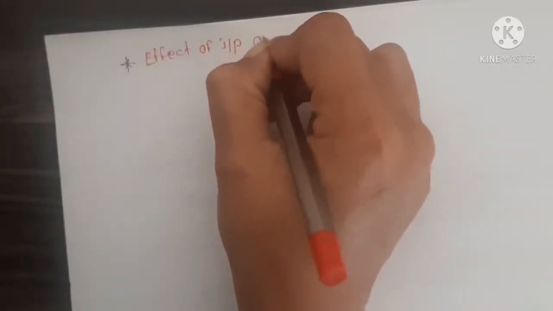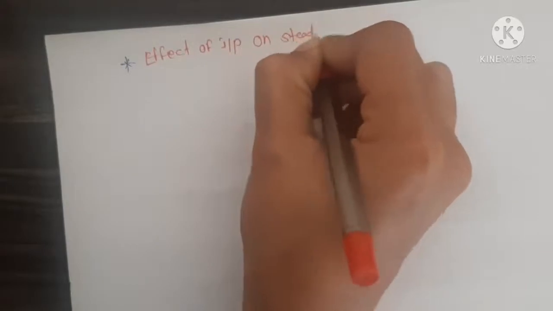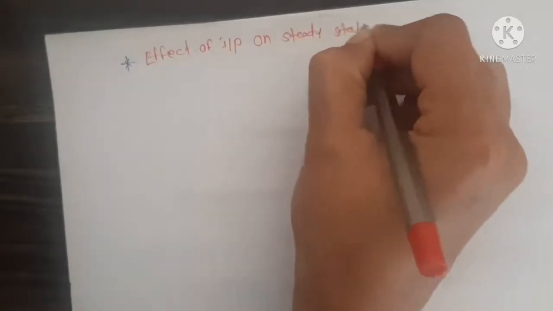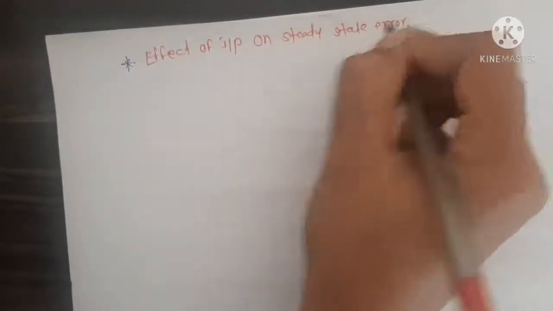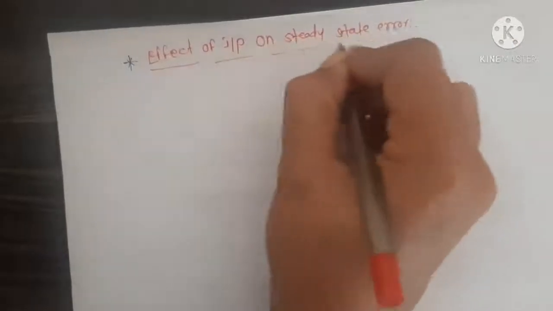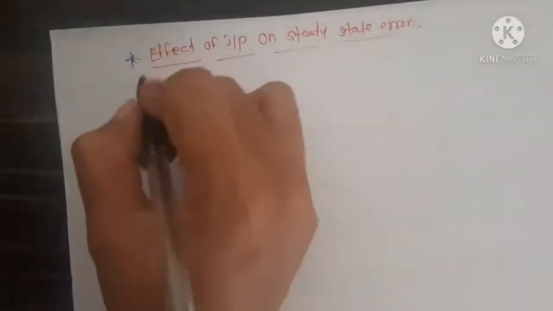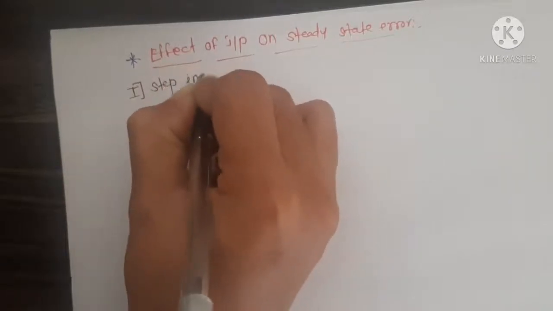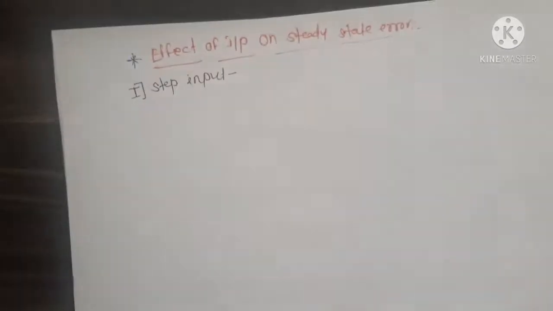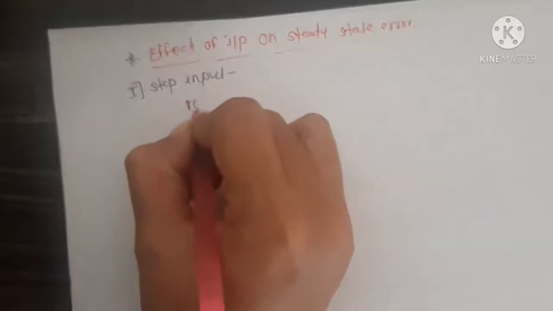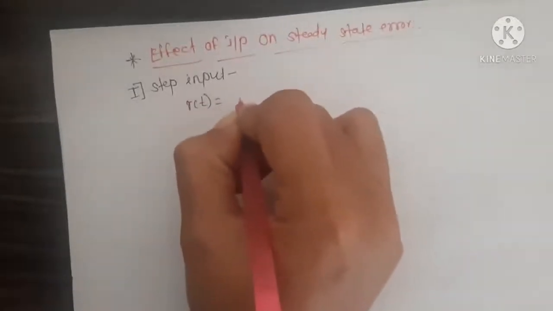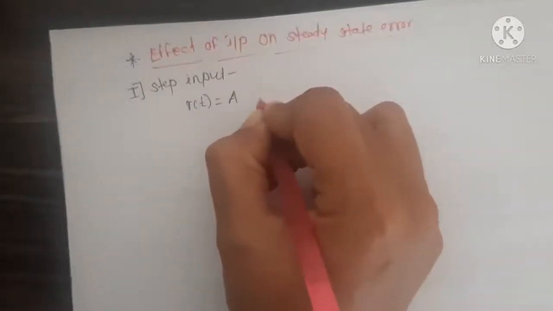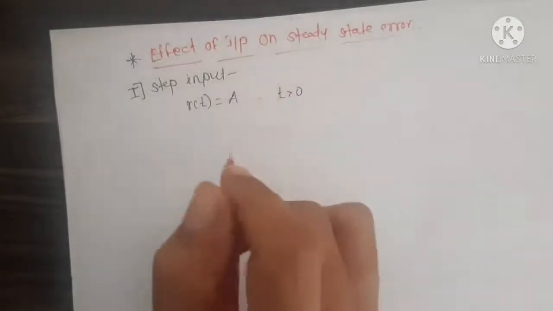So the first input is step input. For step input, R of t, which means the input, is equal to A for t greater than 0.